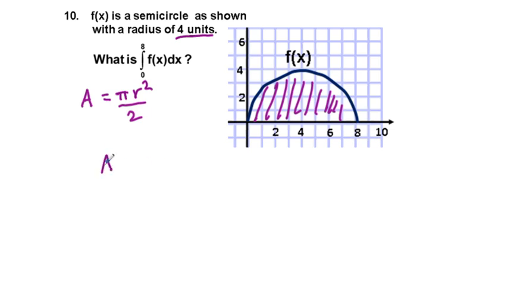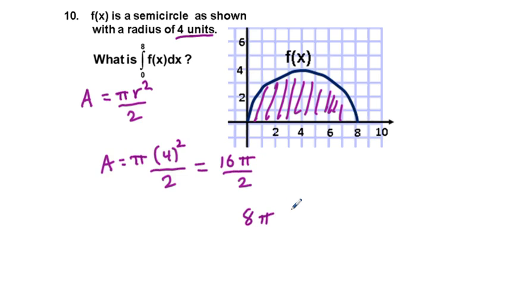So our area in this case is going to be pi times 4 squared over 2, which is going to be 16 pi over 2. And that would be your answer, unless you want to simplify 16 over 2 and just make it 8 pi. Either one of these forms should be a sufficient answer here. So that's it.